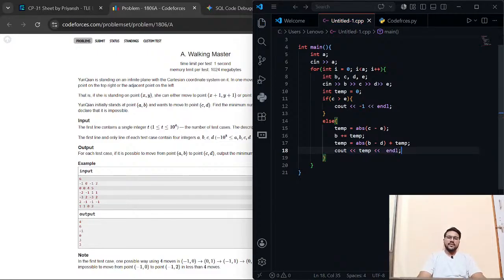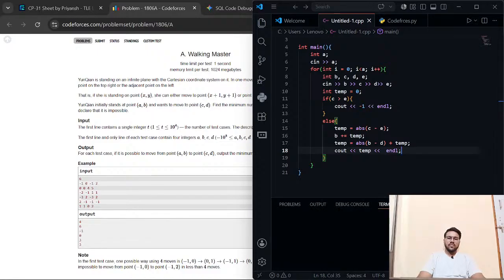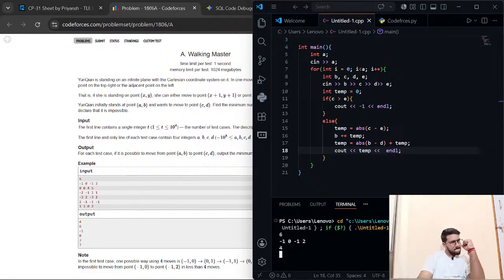I think it should print -1 0 -1 2, 0 0 4 5.